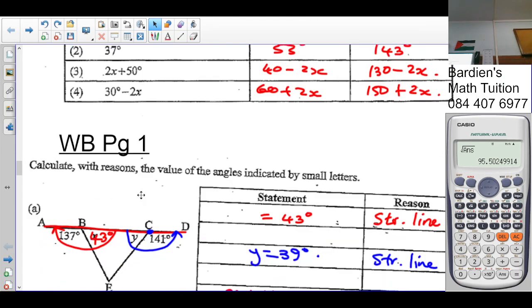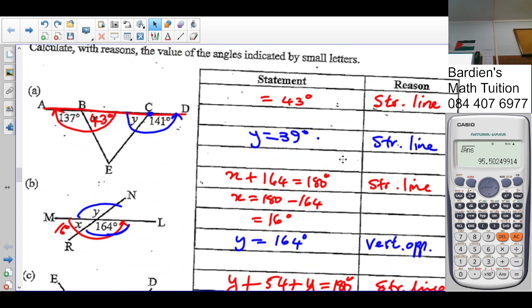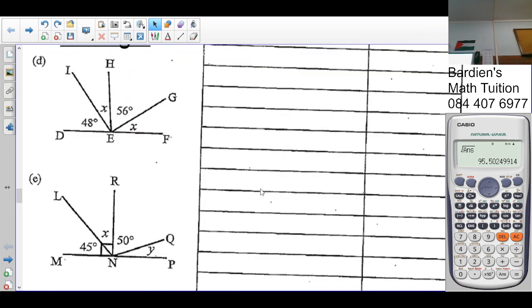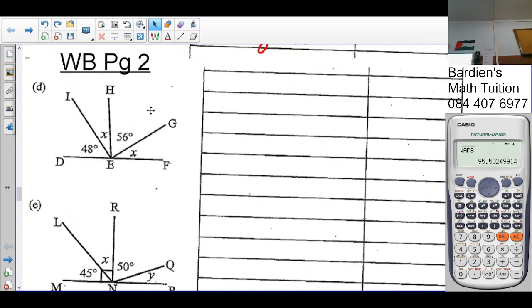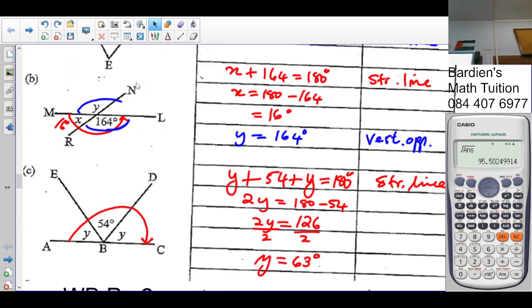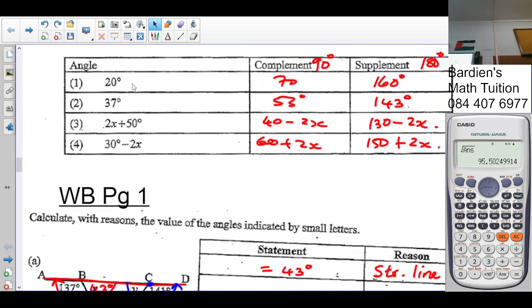Nice. Then we went on, and on page 2 we did some calculations here. I see you must do the last 2 sums here, not so? Okay. Yes? Can you explain C4? This one. So what must be added to 30 minus 2x to give me an answer of 90 degrees?